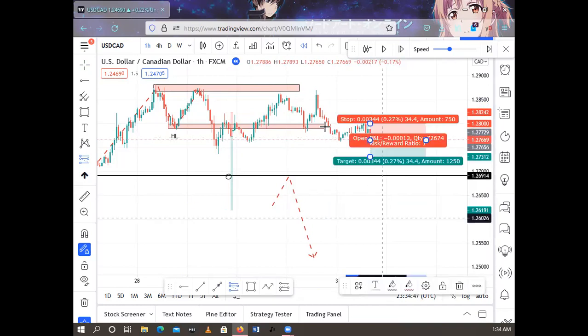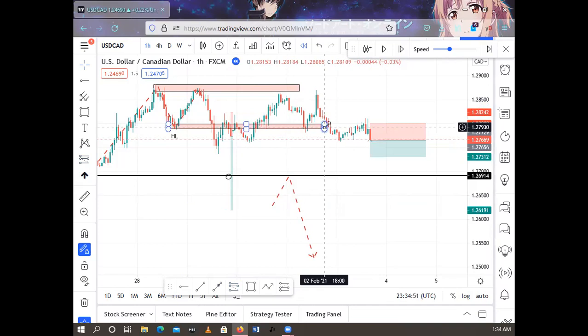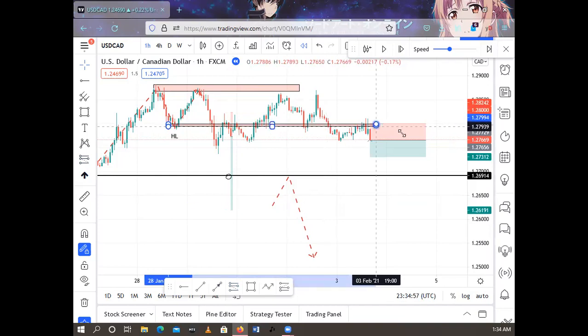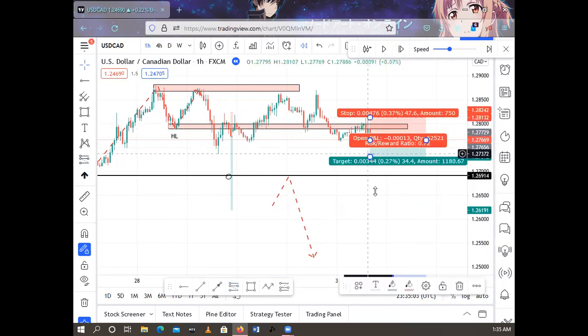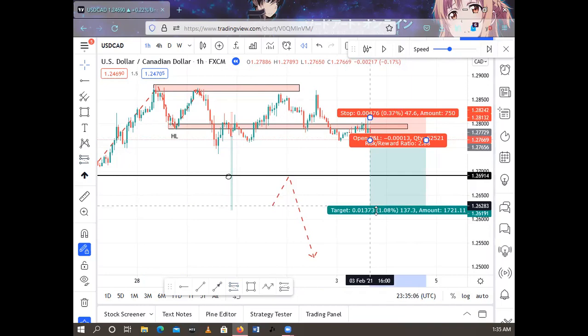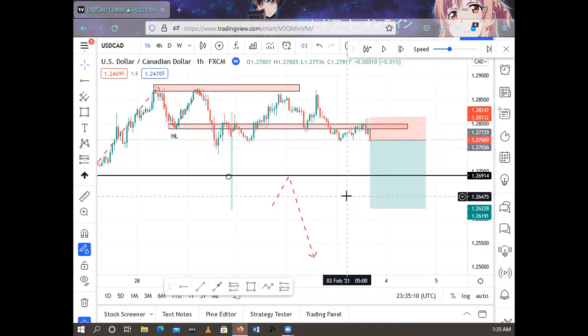I'm not feeling good about it because we still haven't broken out of this level completely, right? We still haven't broken out of that level completely here, right? Stop loss above the area here. Let's go for 1:3 risk reward ratio. Okay, let's see how this goes.